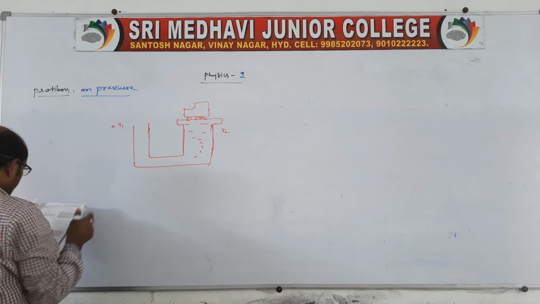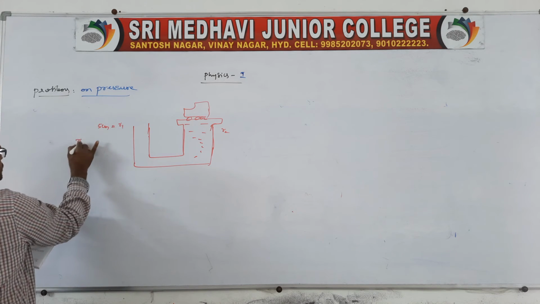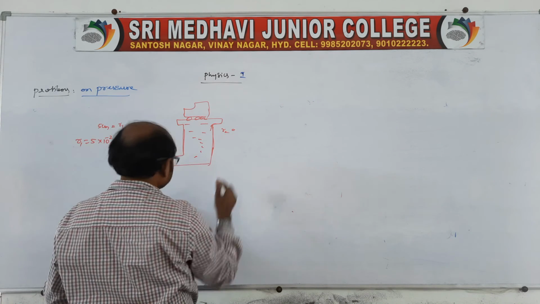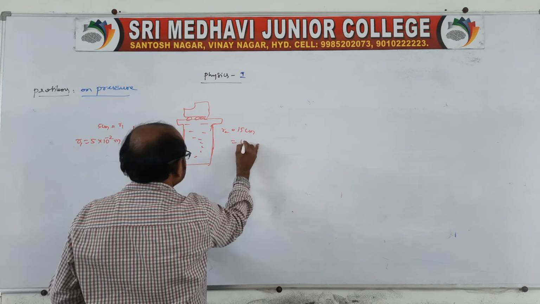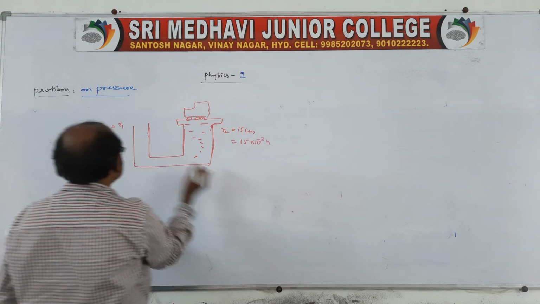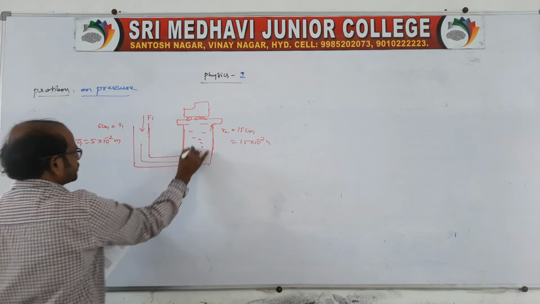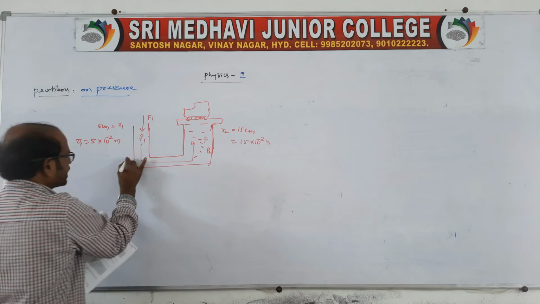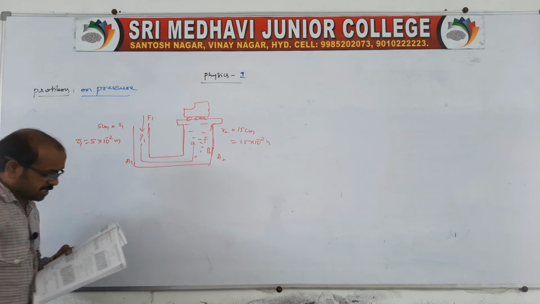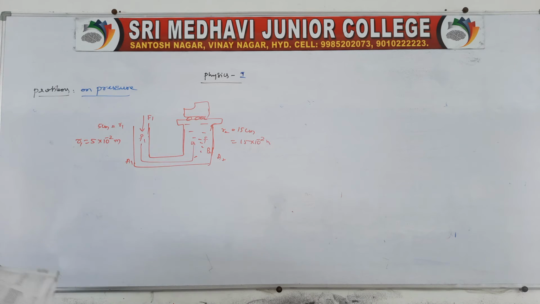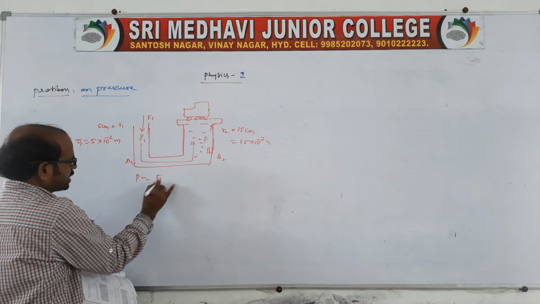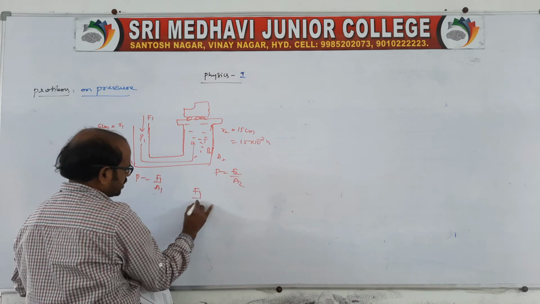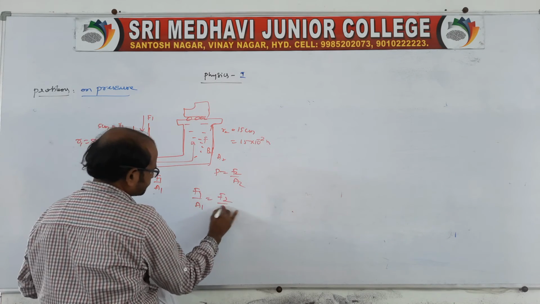R1 is 5 centimeter, so it is 5 into 10 power minus 2 meter, and R2 is 15 centimeter, 15 into 10 power minus 2 meters. Here a force F1 is applied, and the force is transmitted here. The pressure is constant, whatever the pressure acting here, but the areas are different. Now F1 is asked. We know the formula P is equal to F1 by A1, and P is equal to F2 by A2. These will be equal.